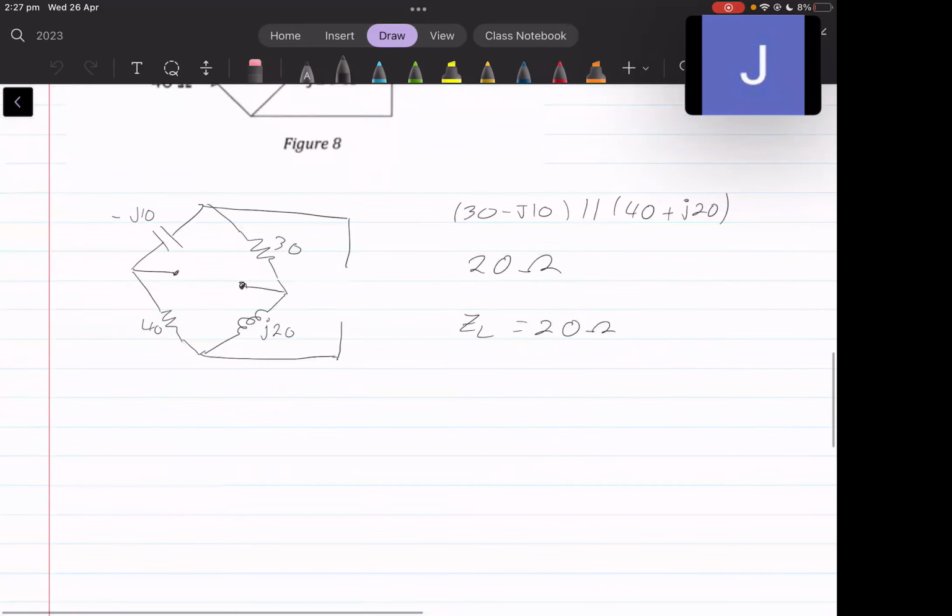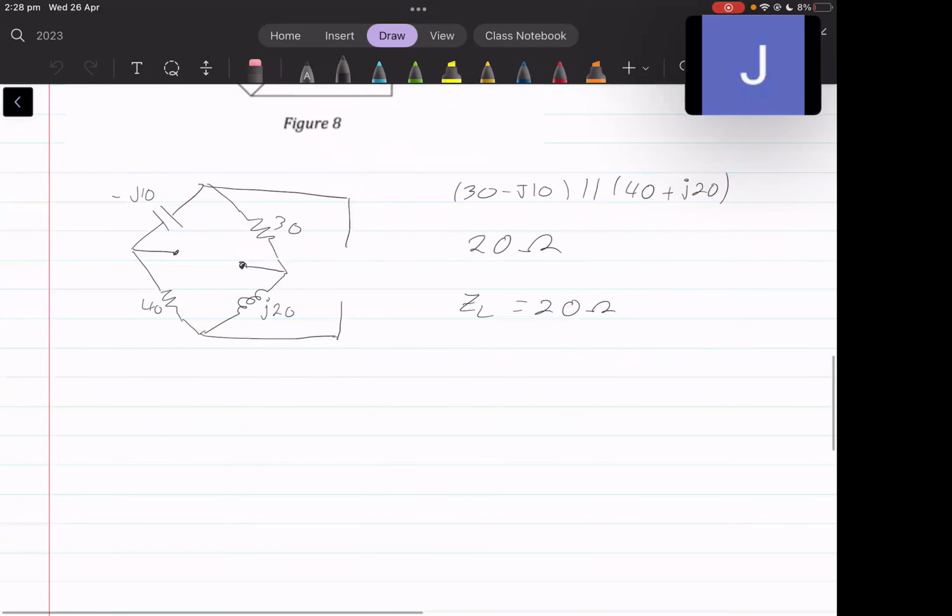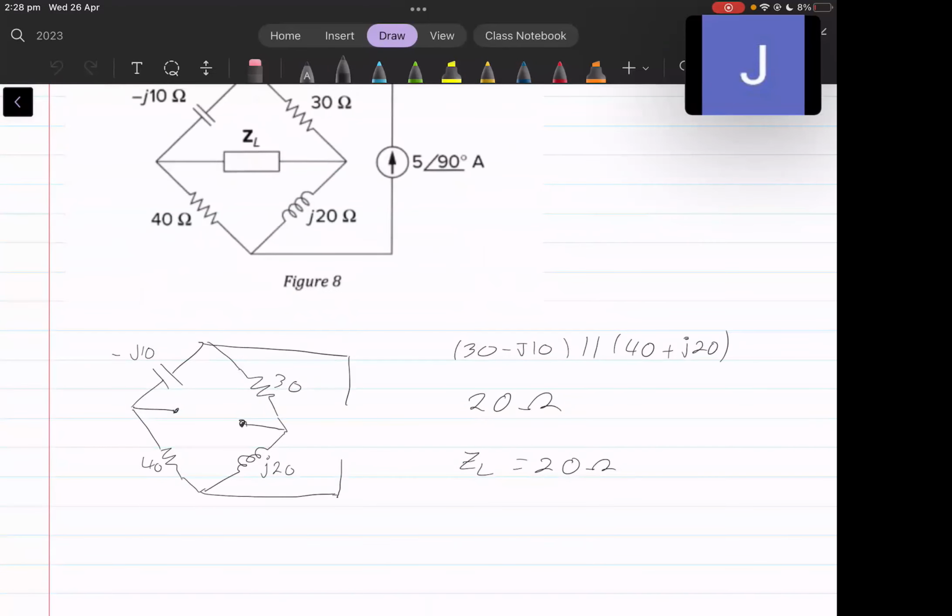So we'd start with a current divider. So that's going to be 30 plus J20.